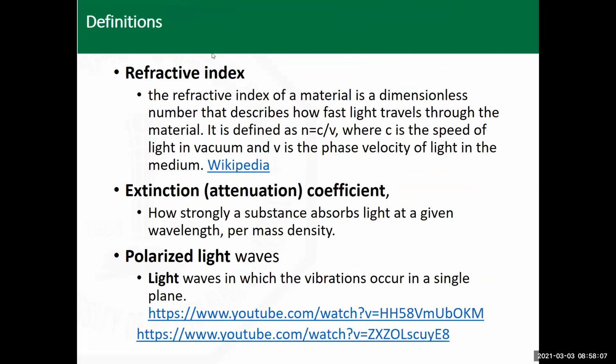The refractive index of a material is a dimensionless number that describes how fast light travels through the material. It is defined as n, which is equal to the ratio between the speed of light in vacuum and the phase velocity of light in that specific material.